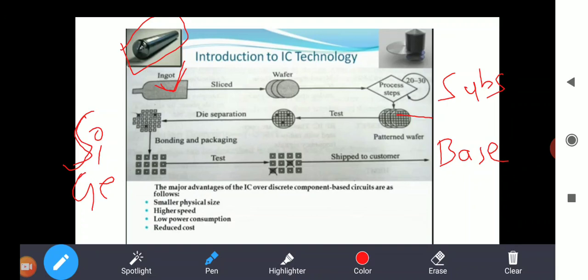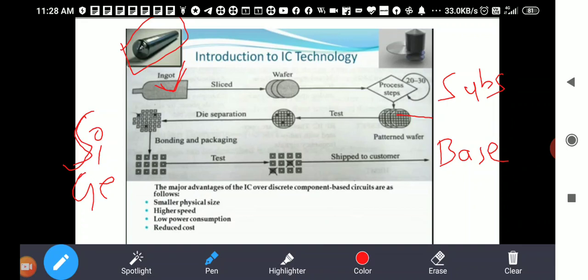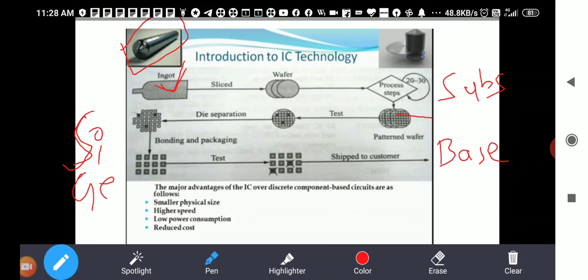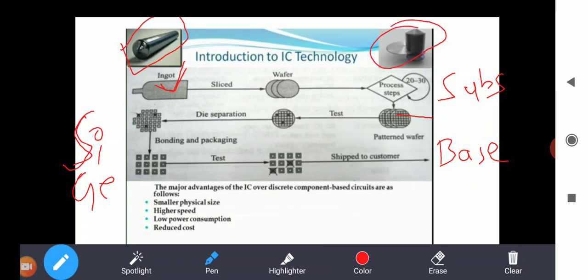After forming this, it is cut into slices. Different round-shaped slices are taken from this structure.